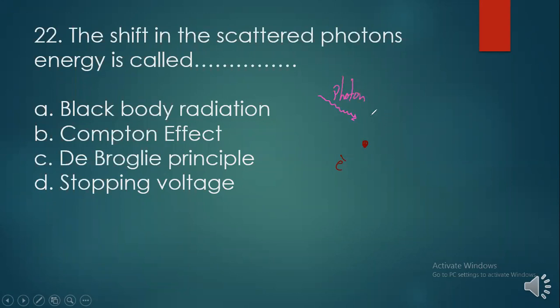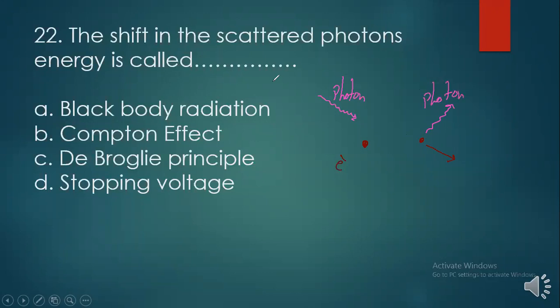Now, after the collision, let's say, for example, that the electron is going to move in this way and the photon will move in that way. That's the photon.